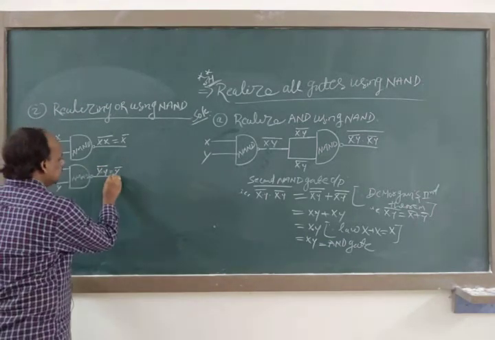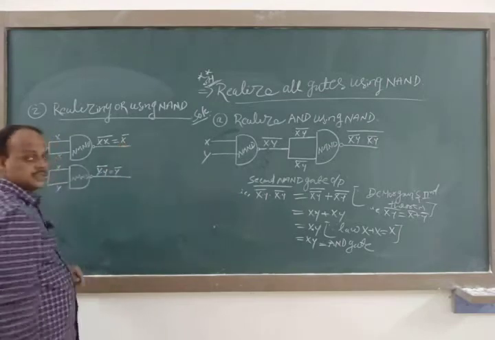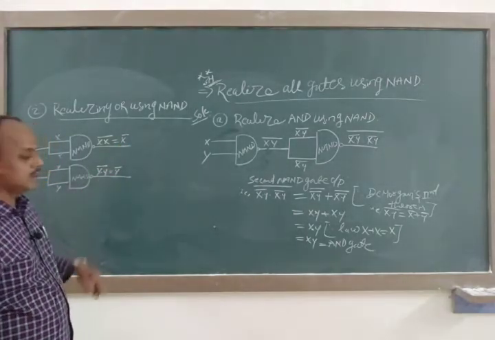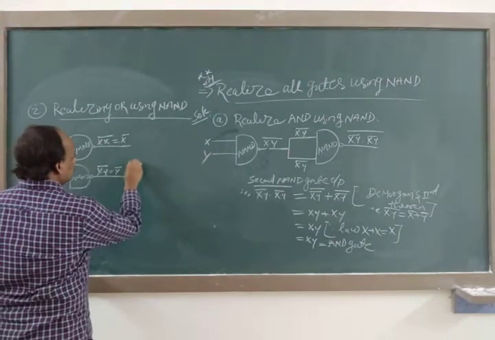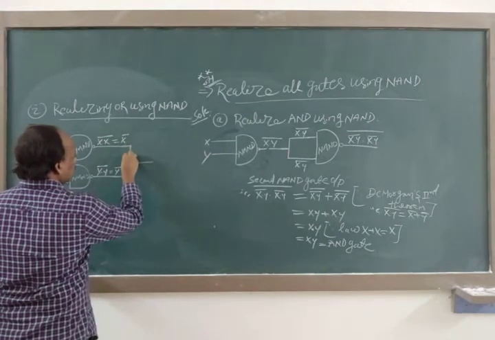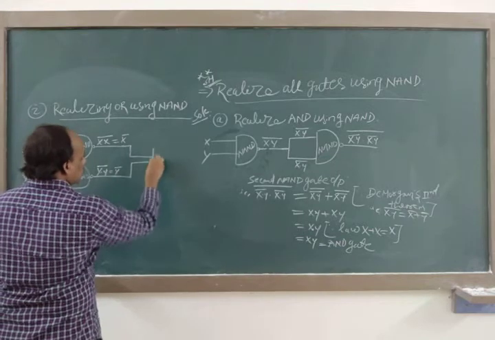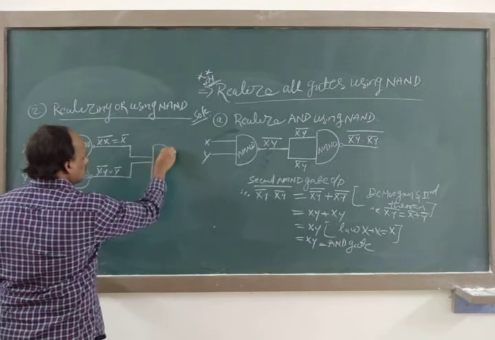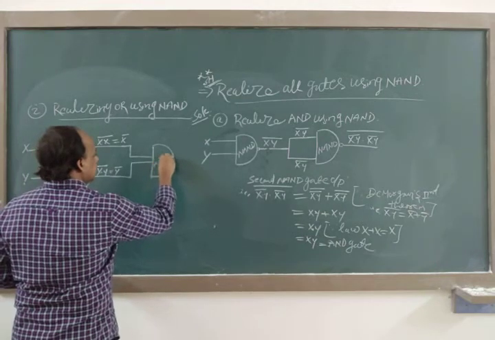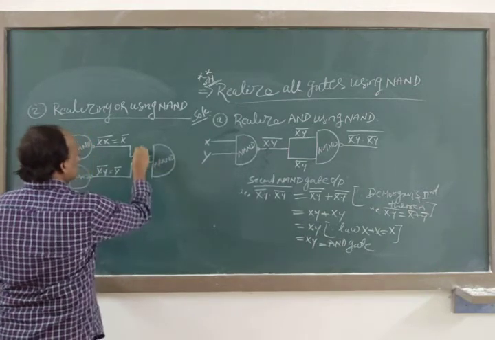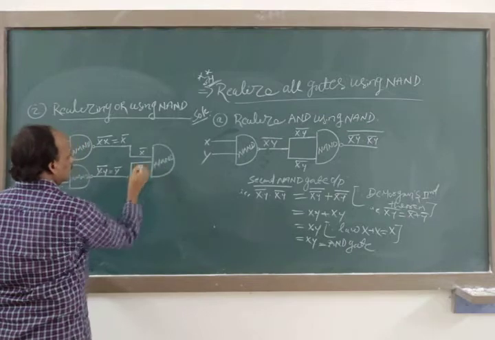Then take these two as input to one more NAND gate. Here x bar, here y bar.